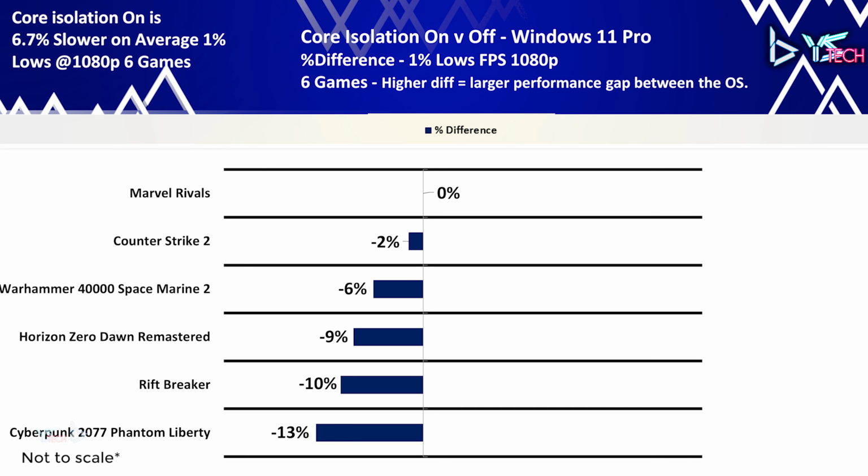And then next we have Riftbreaker, which was interesting because on the average FPS it was only a 3% difference in favor of it being off, and here it's a 10% difference on the 1% lows. Horizon Zero Dawn as well, a negative 9% in favor of core isolation being off, and then Space Marine 2 at negative 6%. So we can see that from all of these games, it's better to just have it off than it is to have it on.